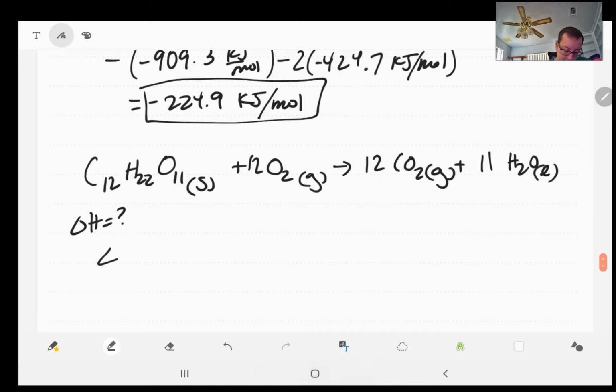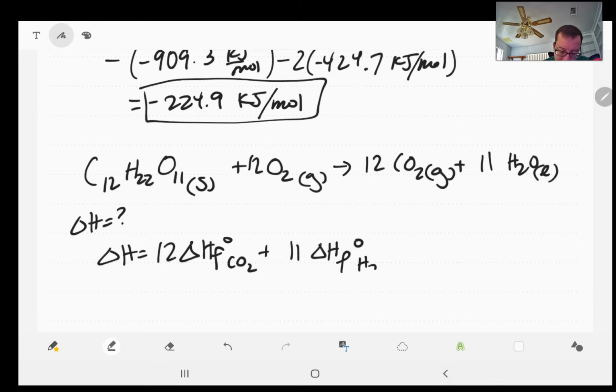There we go. Let's figure this out. Well, using heats of formation, we can do this, right? We can say, aha, well, we've got CO2. We need 12 times the CO2 plus 11 times the water. Don't forget your states of matter, because those do change things.